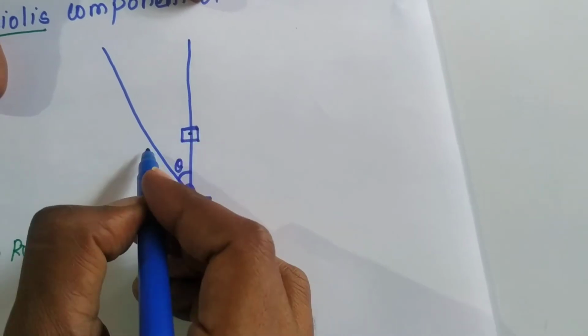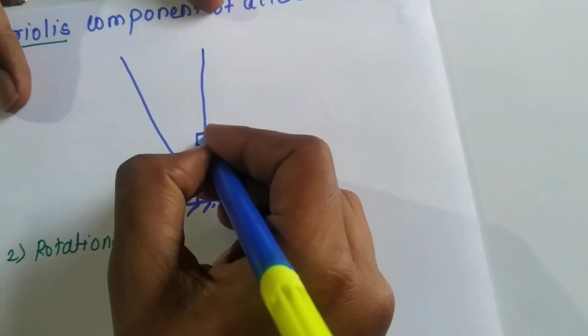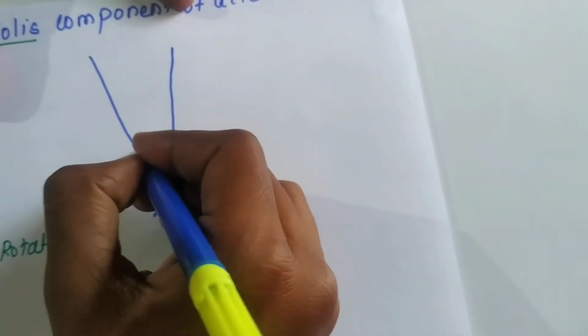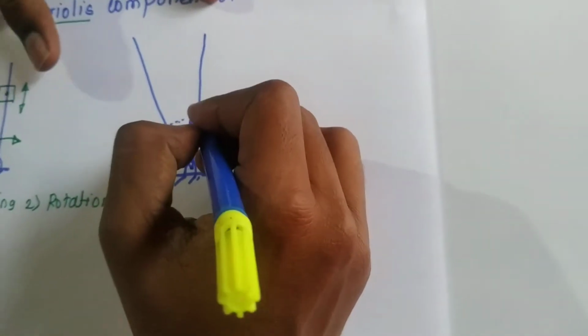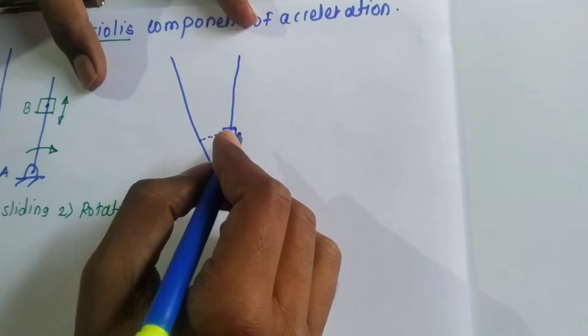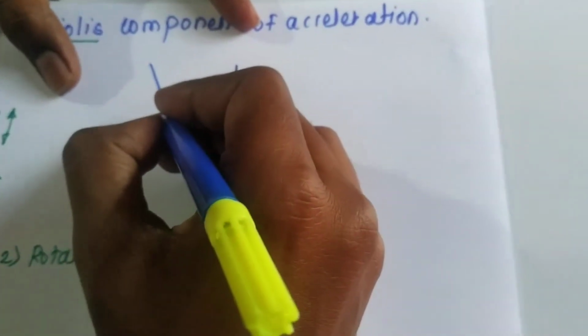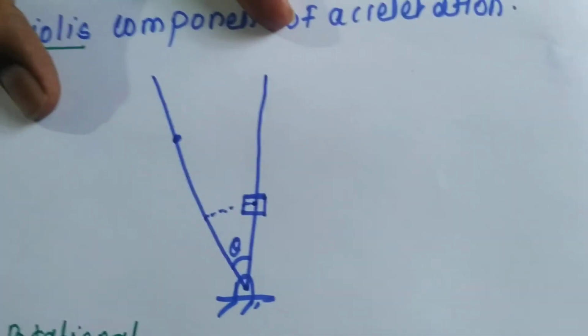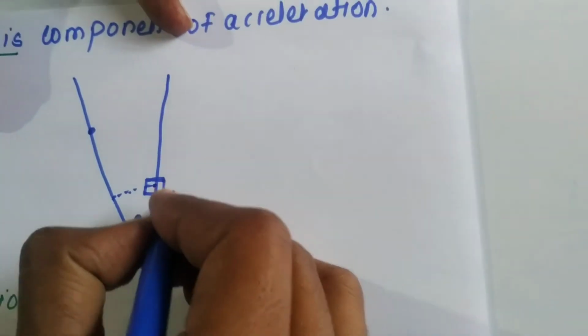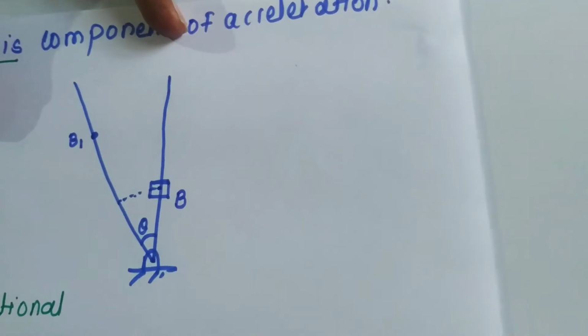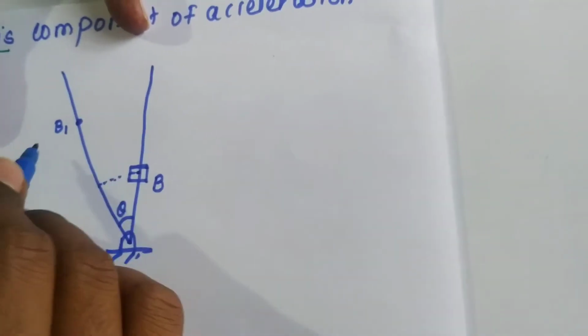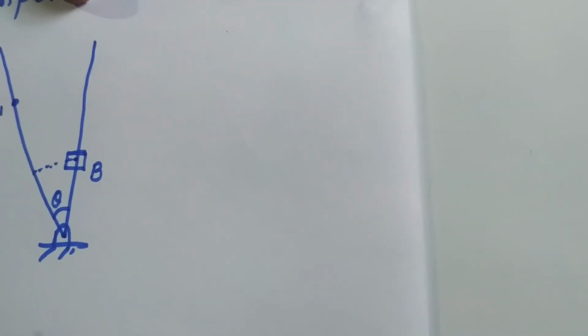As the link rotated through angle theta, it is assumed that this will be the position. The answer is no, because the slider is not only sliding but also rotating. So it is not here, but somewhere, let's say here. If the slider is at B at this point, the final position will be B1. Now we'll think about why the slider moves from B to B1 when the link rotates through angle theta.